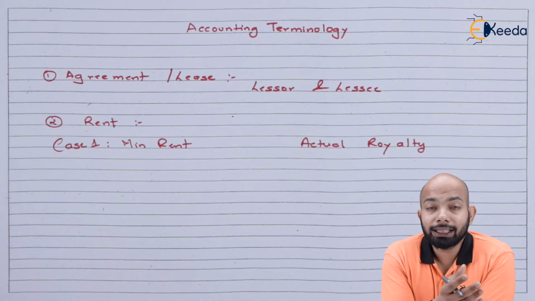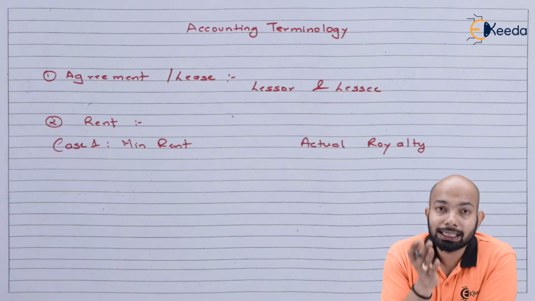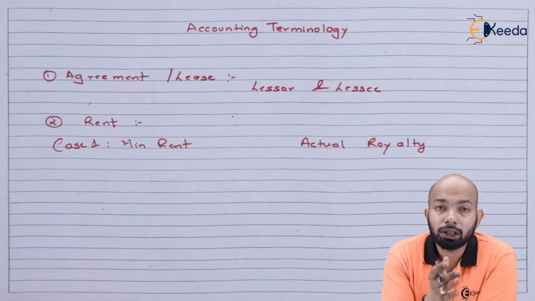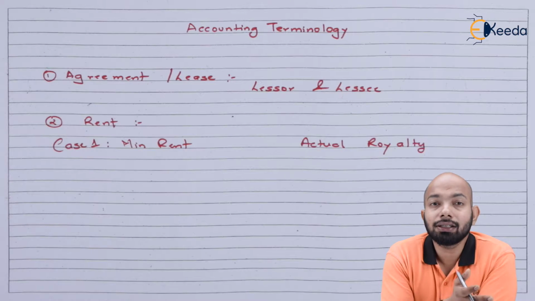Minimum rent is something that the person who is giving away his rights is bound to receive, no matter whether you're earning anything on the basis of the rights that you're using. This is a certain rent that is supposed to be provided.